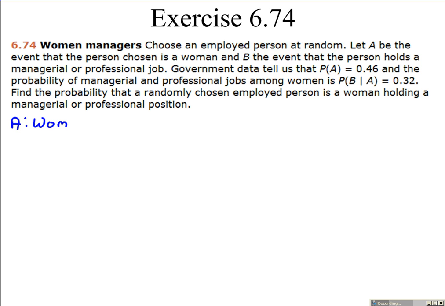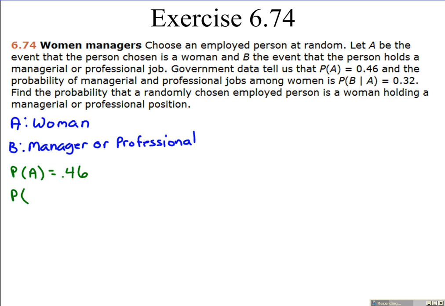Let A be the event that we are picking a woman. Let B be the event that the person picked is a manager or professional. The probability that we pick a woman randomly, we know is 0.46.